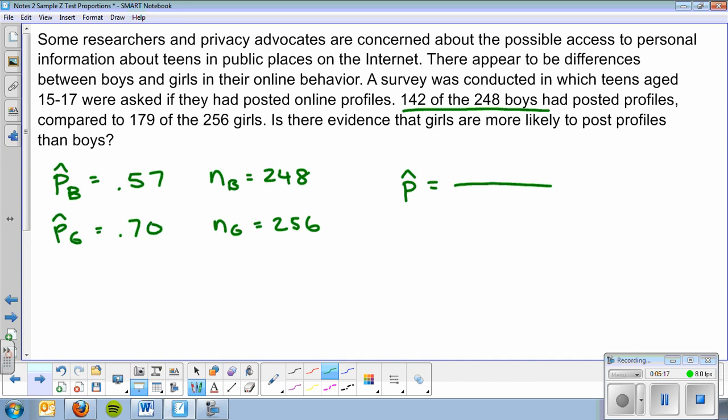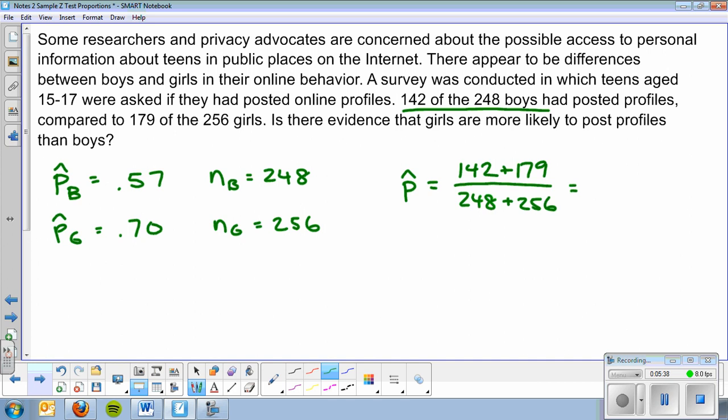Okay, and it's pretty simple. It's just a little tedious, as I said before. So there were 142 of the boys that said they had posted online profiles, plus 179 of the girls that had posted online profiles. There were 248 total boys and 256 total girls.